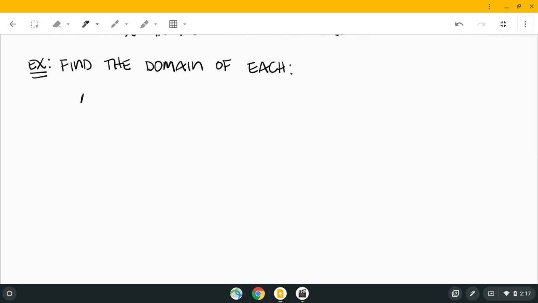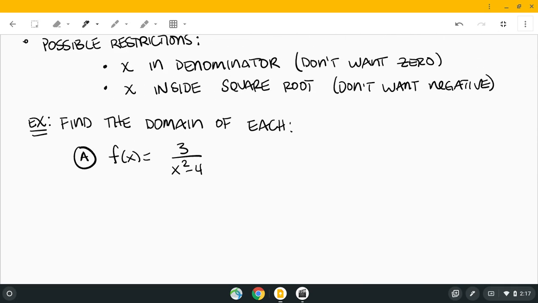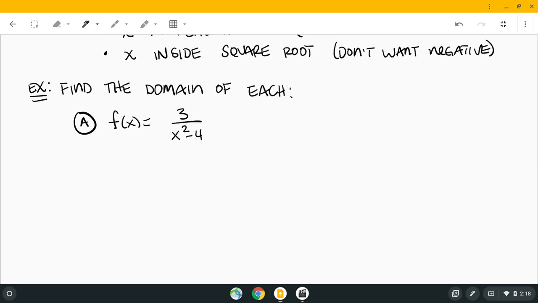Here, let's start off with this one. f of x equals 3 over x squared minus 4. Okay, so we have x in the denominator, and we said that that is one of our possible restrictions. Having x in the denominator, we don't want 0. So here, we don't want 0.